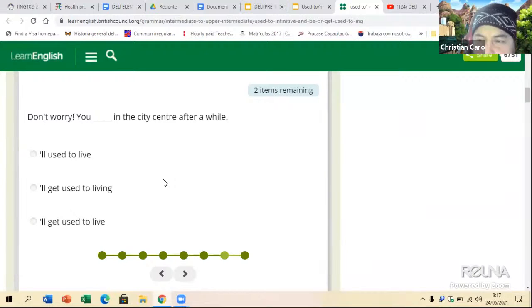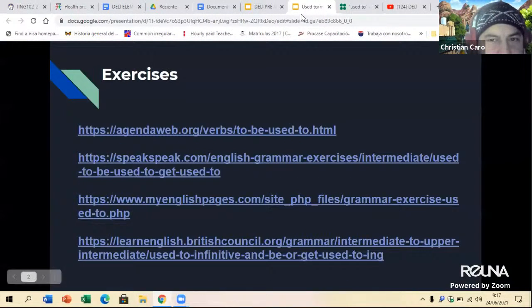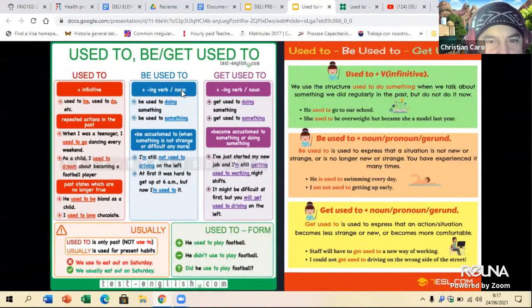Let me remind you. In this case, used to plus infinitive, be used to plus ing or noun, get used to plus ing or noun, for you to know.